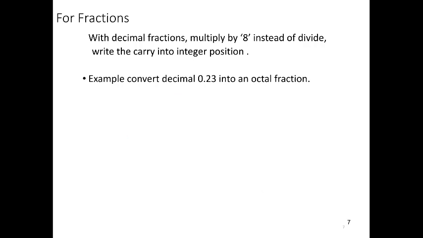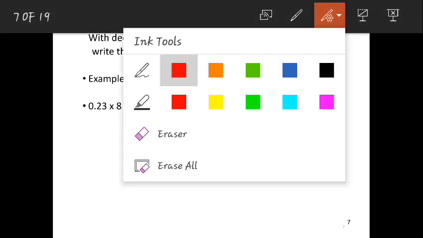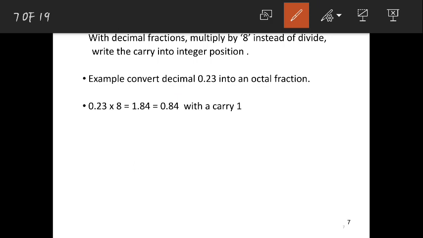So what you need to do is multiply 0.23 by 8 first, then you will get the result. When you multiply 0.23 by 8, we got 1.84.